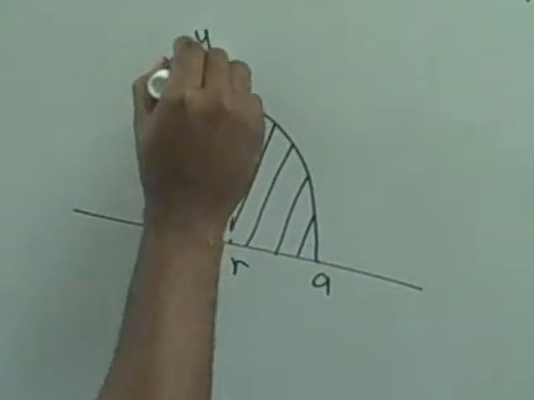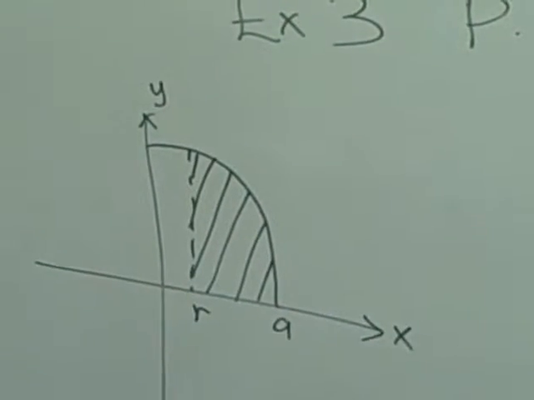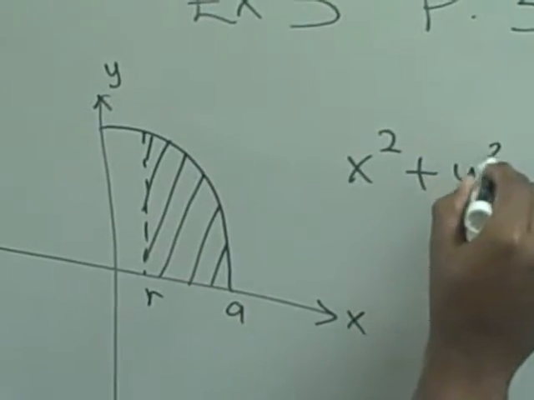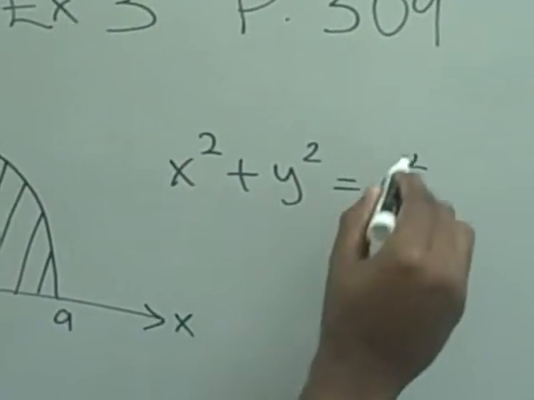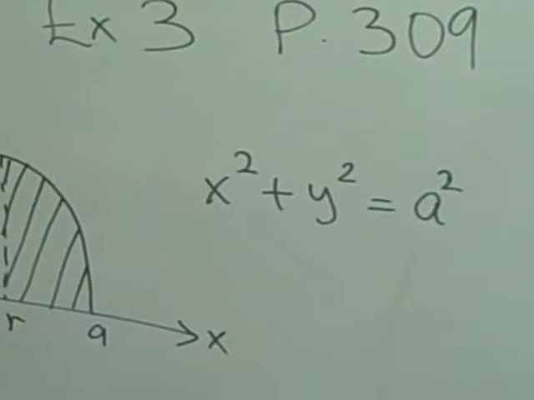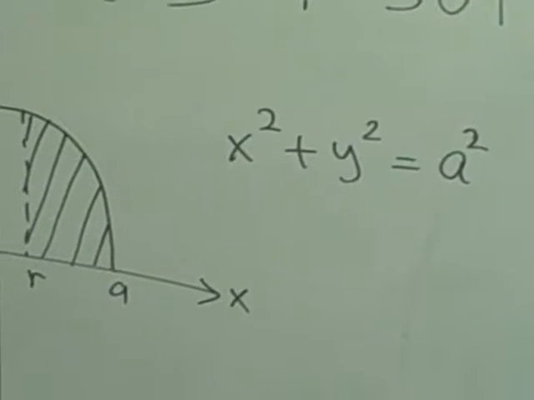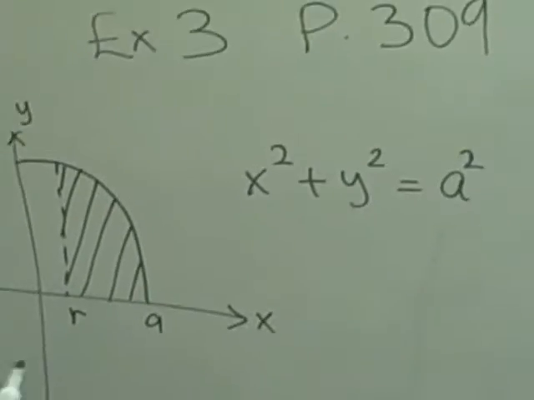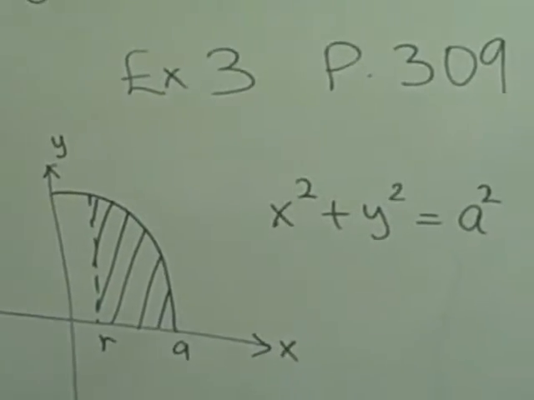So we all know this is the y-axis and that's the x-axis. We know that x squared plus y squared equals a squared, because that's the formula for the circle. And it wants us to revolve this about the y-axis using two methods.